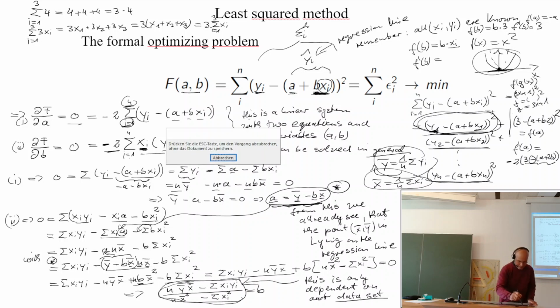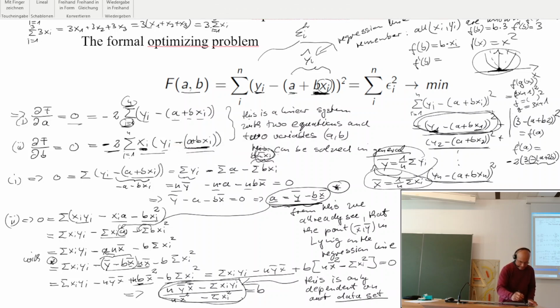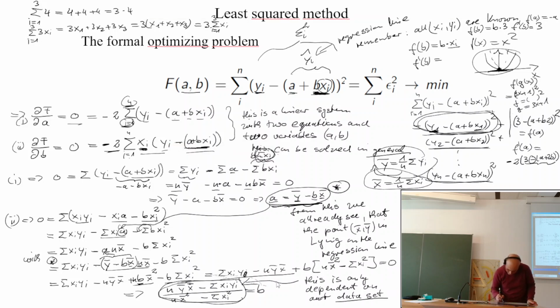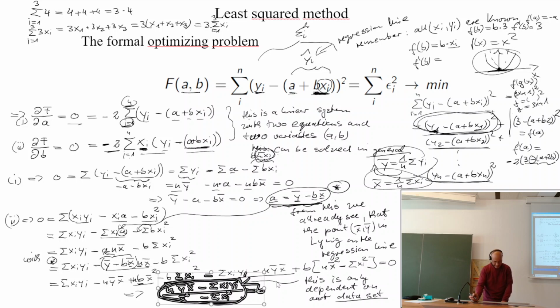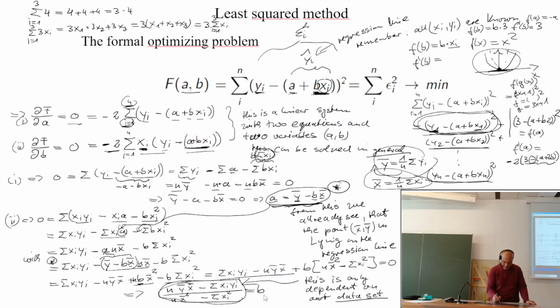And let's see, I think I take this, copy, and this doesn't function. So, if we have our b here, this we can calculate directly from the data set. Then we can feed backward this b in here.